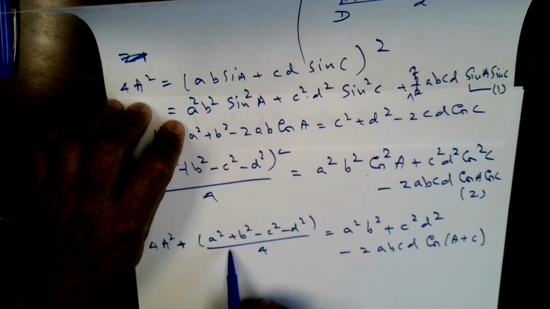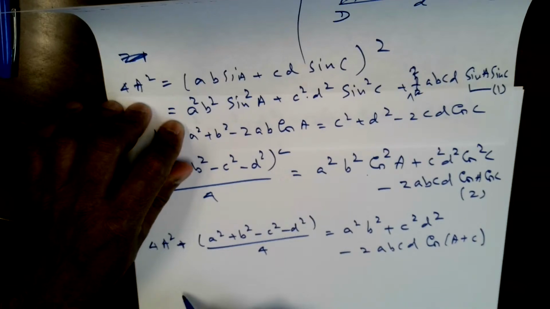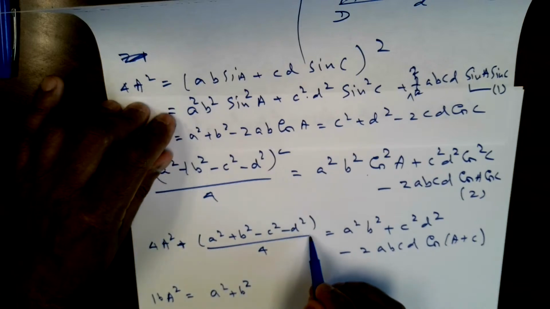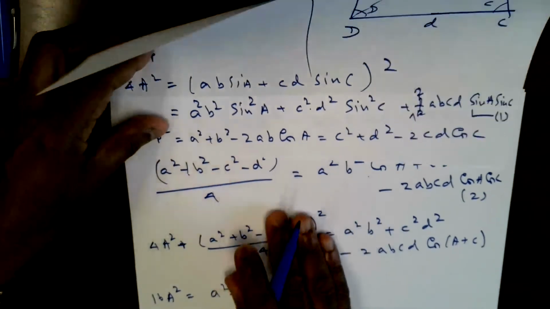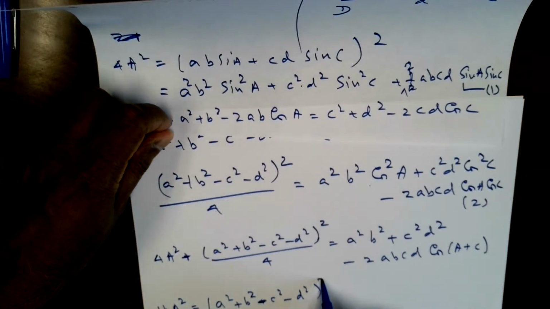And now I'm going to bring this term to the other side. So I have to multiply by a 4 throughout. So this becomes 16p squared plus, minus c squared minus d squared.